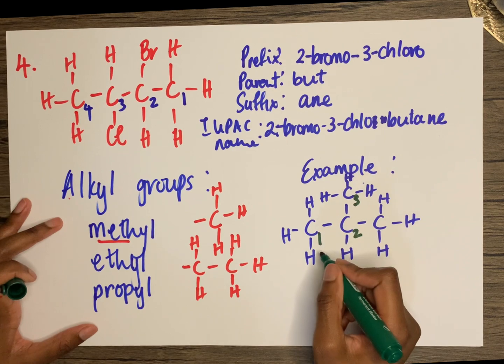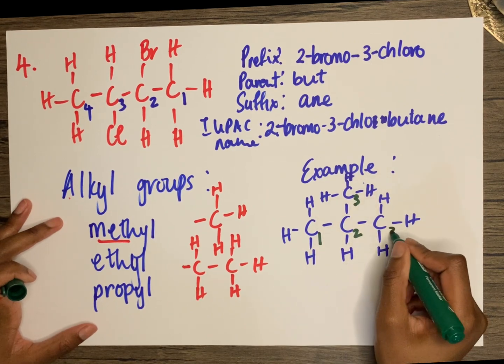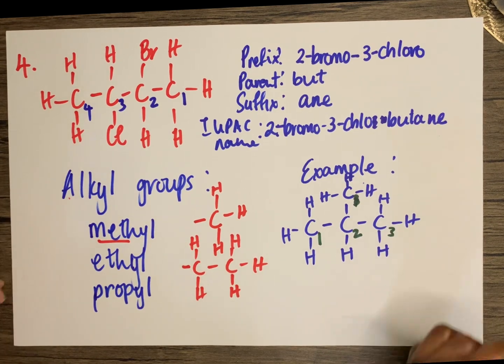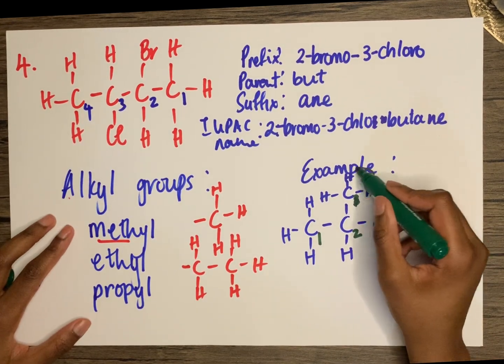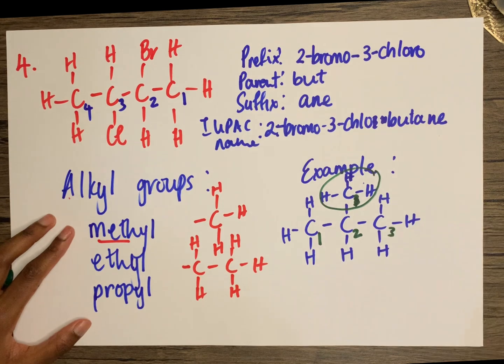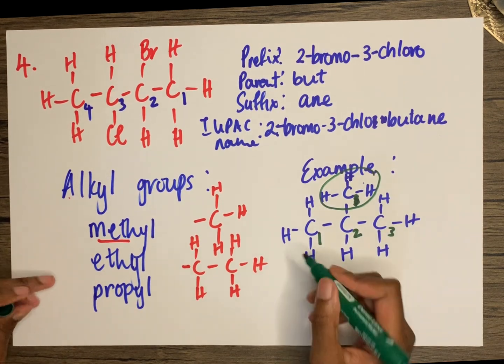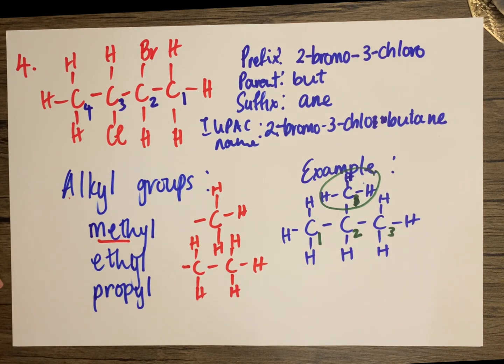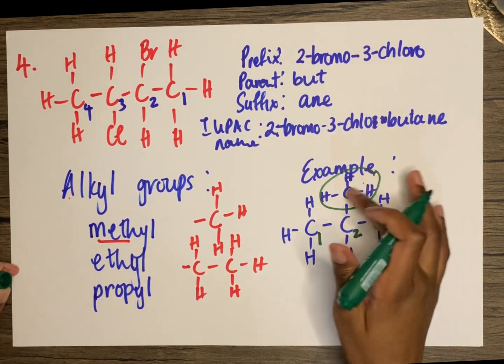Another person could have numbered like this, 1, 2, 3. It's all the same, right? So then this becomes a substituent. So when I look now at my prefix, parent, and suffix, then this becomes my prefix.